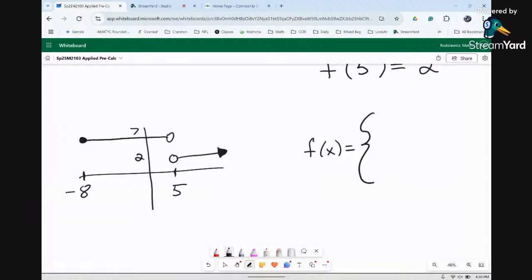So, 7. Oh, you're saying from the 2, you're pointing here. Okay. Regroup.